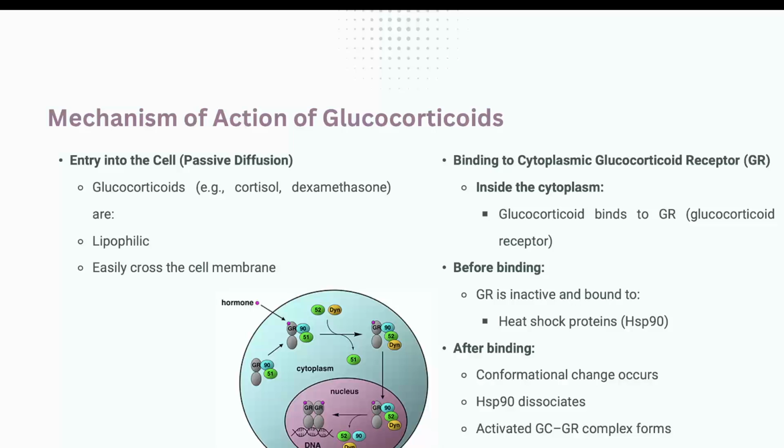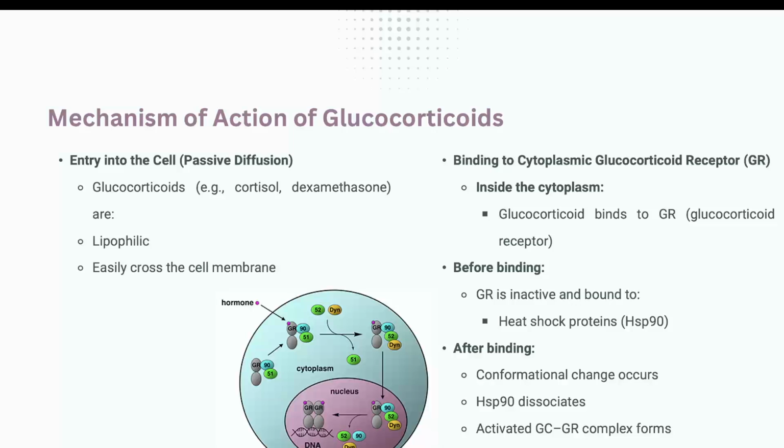So in order to penetrate the biological membrane, the drug must be lipophilic. Lipophilic medicines passively penetrate the biological membrane and reach the cytoplasmic area.